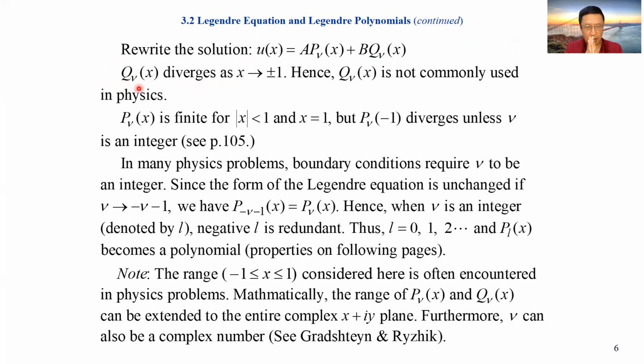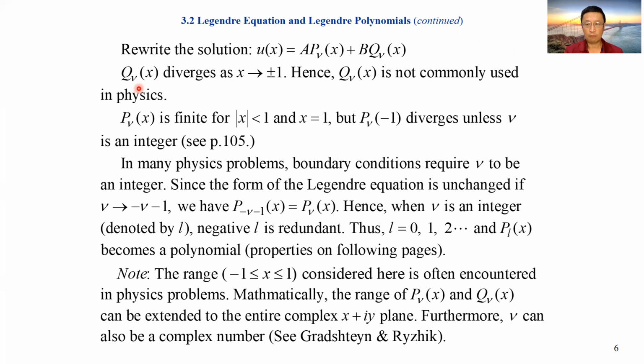We don't have to solve Q. We just know some properties. One, Q will diverge as x approaches plus and minus 1. x is cosine theta, so when theta equals 0 and theta equals pi, there will be divergence.